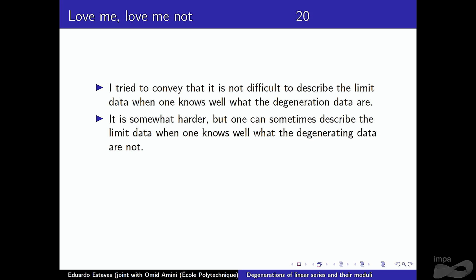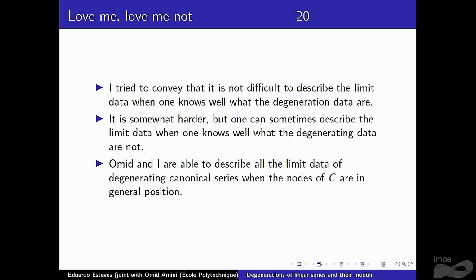So, but what I want to claim, that's our second approach. The second result that I'm going to say here today is that we are able to describe all the limits of the canonical series when the nodes of C are in general position.